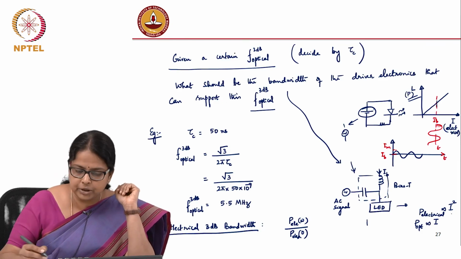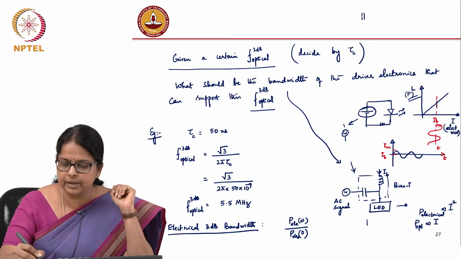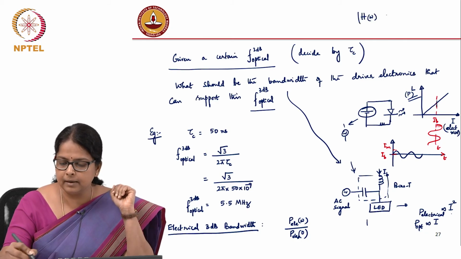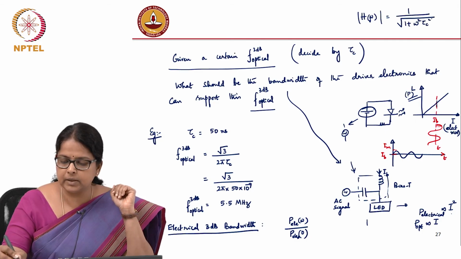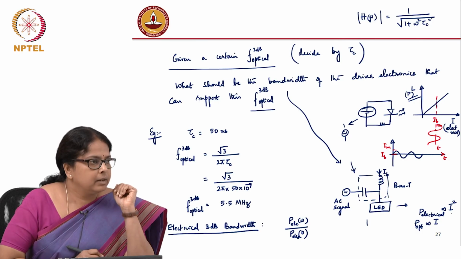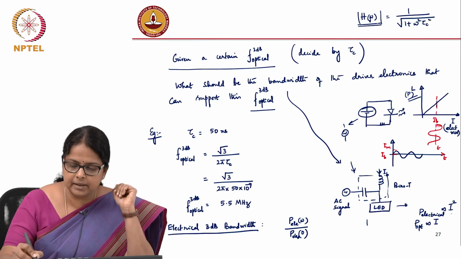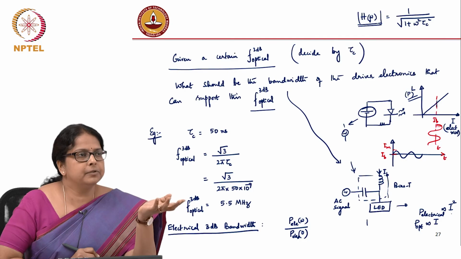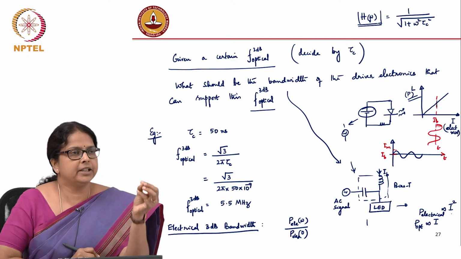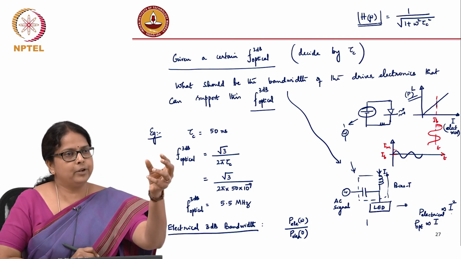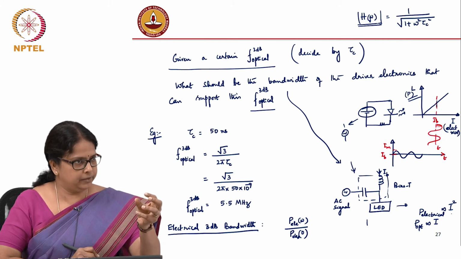I know my optical transfer function H of j omega is 1 over square root of 1 plus omega square tau c square. And this is the optical transfer function. Now, the optical transfer function is a relation between optical power at omega frequency to optical power at 0 frequency.